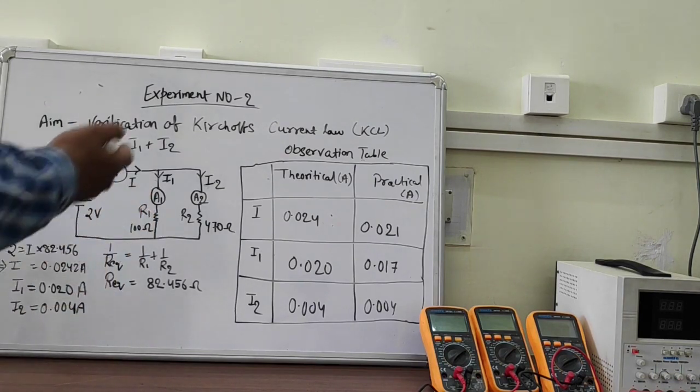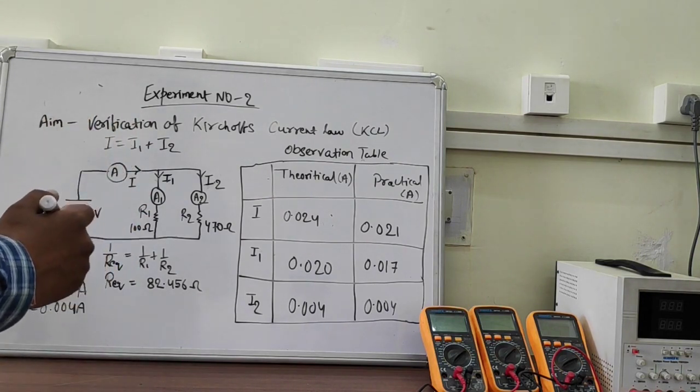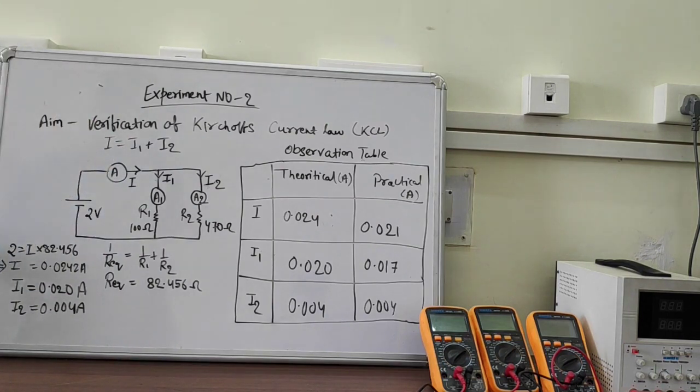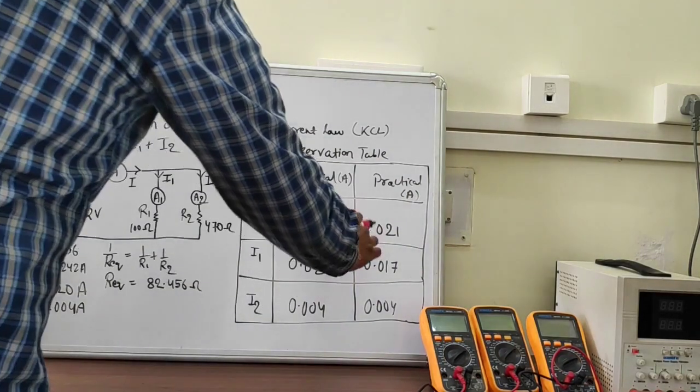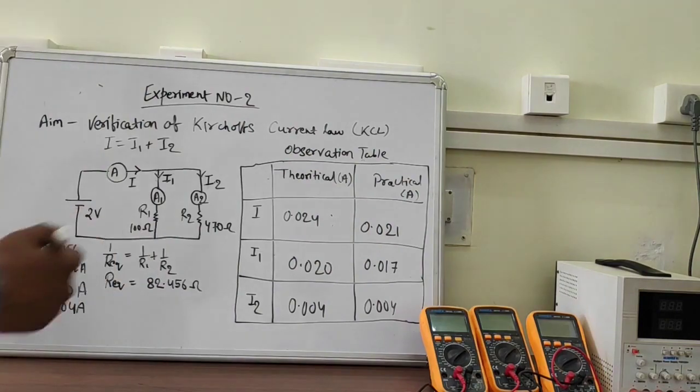Similarly there was tolerance in the 470 ohm resistor, which is why the practical value of R2 was not the same as the theoretical one. That's the reason we got a slightly different reading.